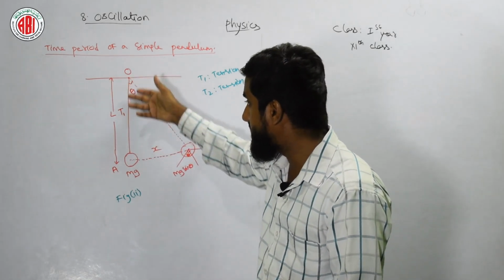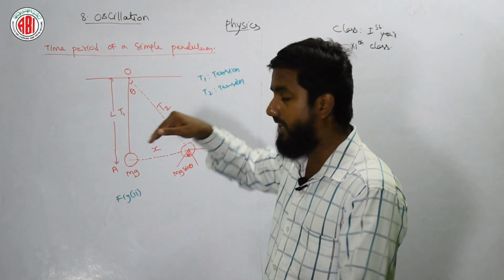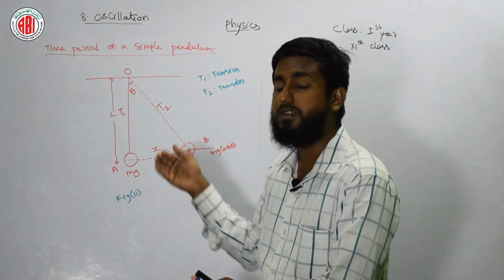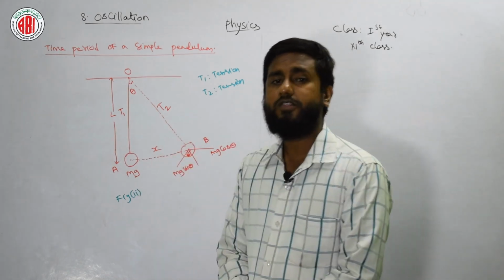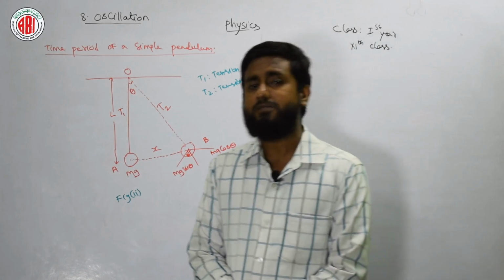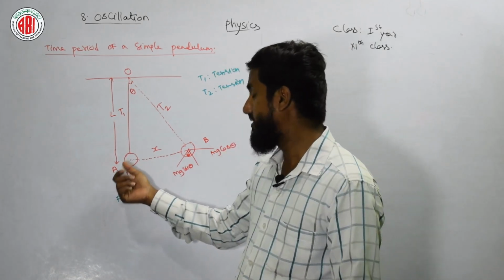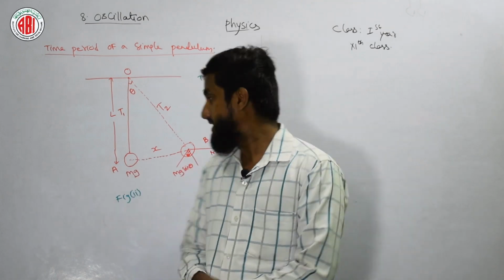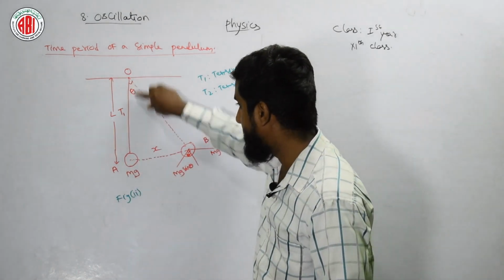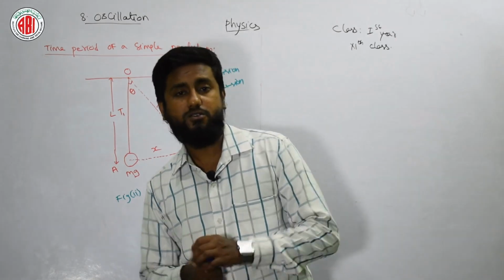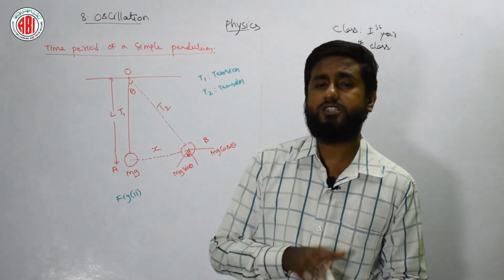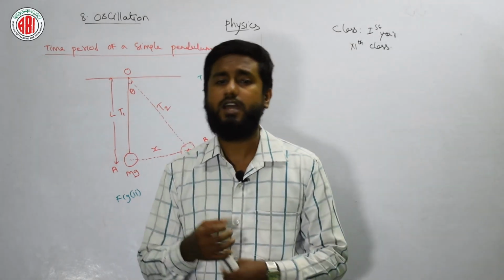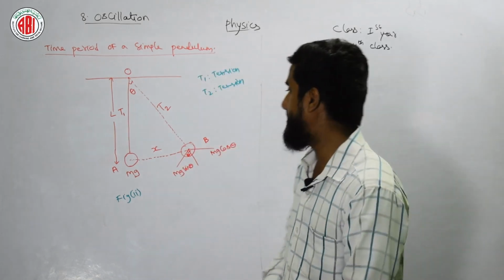The tension is in this string and the bob is at the end of this string, so it is considered as the opposite direction. When the pendulum is displaced from A, what am I doing now? I am displacing the pendulum from A to B with an angle theta, and release it. It moves to and fro making oscillation with respect to the equilibrium position, and it executes simple harmonic motion.